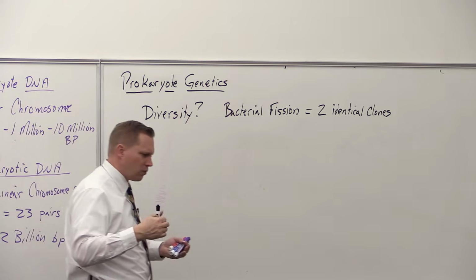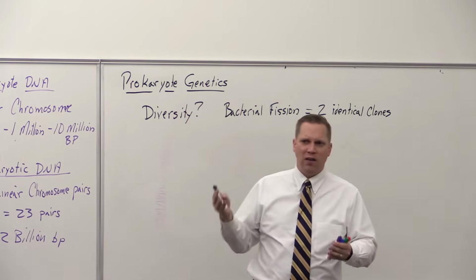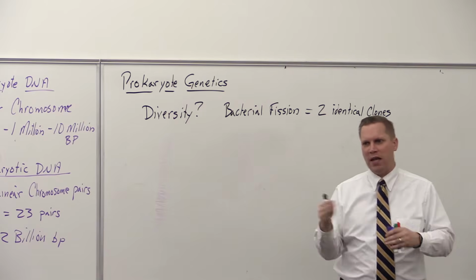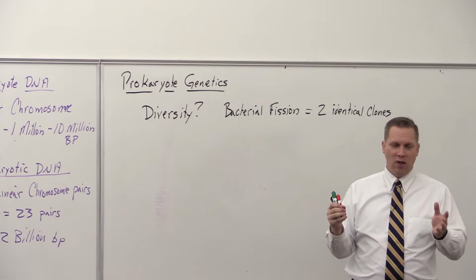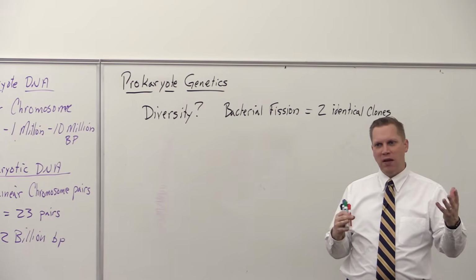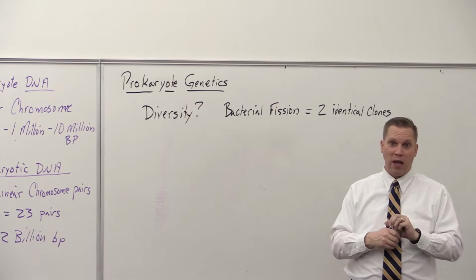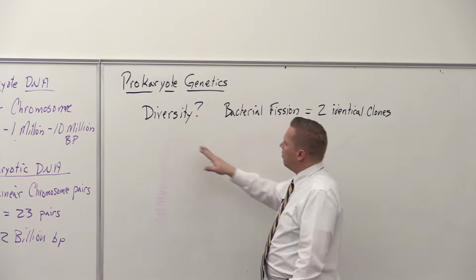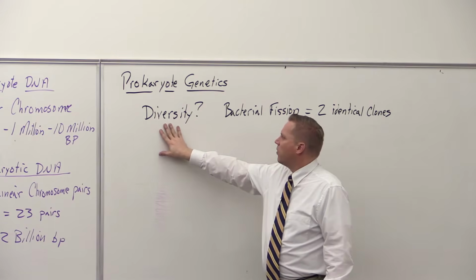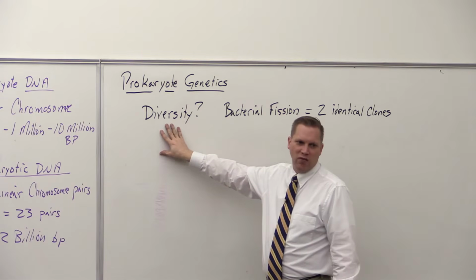Now, why is that important? Diversity creates different genetic combinations that allow different organisms to deal with the environment in better or worse ways. And so diversity actually becomes a key to survival.